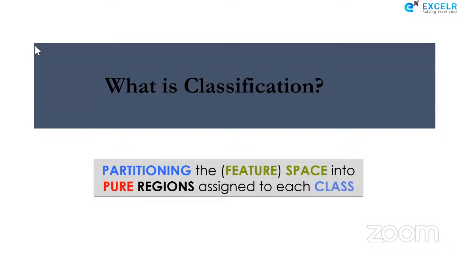I put up the formal definition of what is classification, guys. Tell me, what do we understand from this particular definition? Or is it difficult to understand? Do we need a simplified version of the definition?